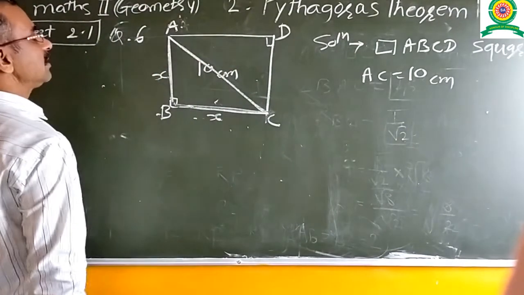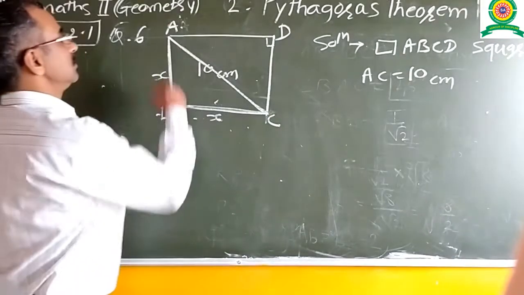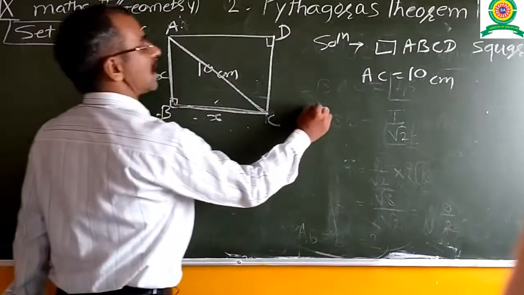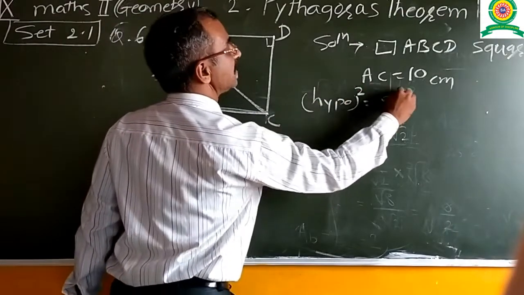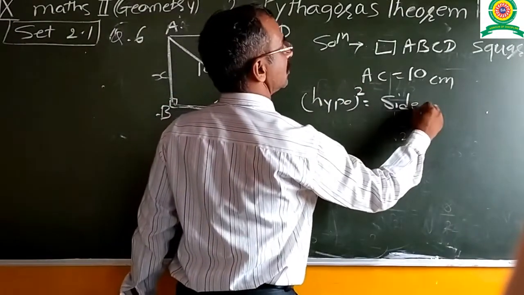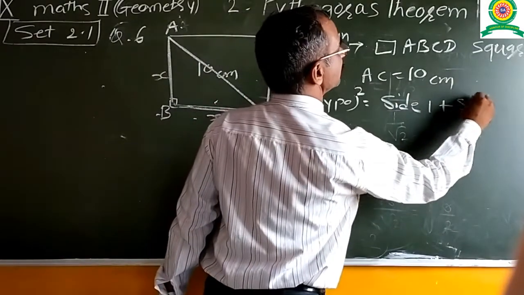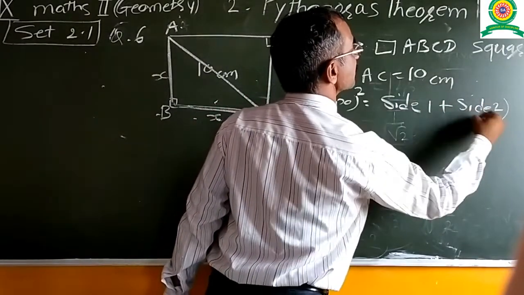By using the right angle triangle property, the hypotenuse square is equal to side 1 square plus side 2 square.